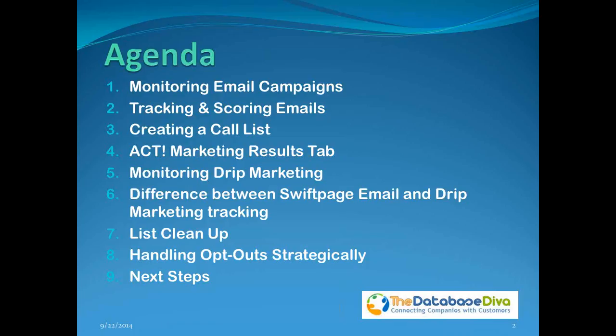That's a question that we get asked a lot, and how to do tracking differently in the 2 modules. How to clean up your list when you get bounces, opt-outs, bad addresses. What do you do with them? And when you get those opt-outs, and we hope that that's a small number, how can you handle them strategically? We treat them as sales calls in our office, so we'll tell you a little bit about how we do that. And then we've got some next steps for you as well.